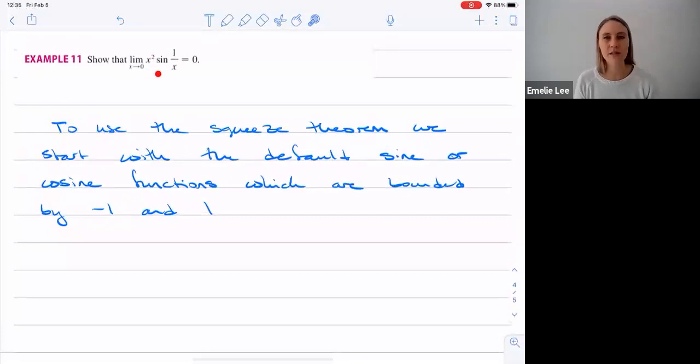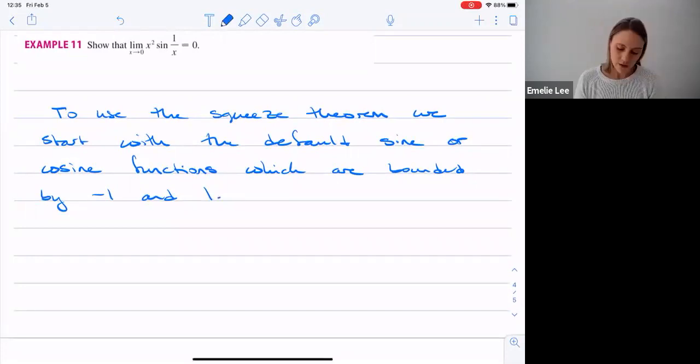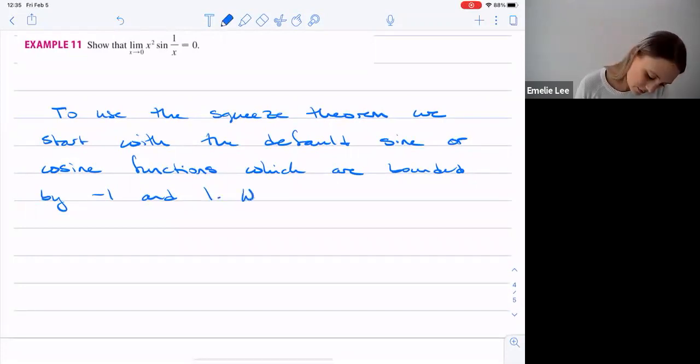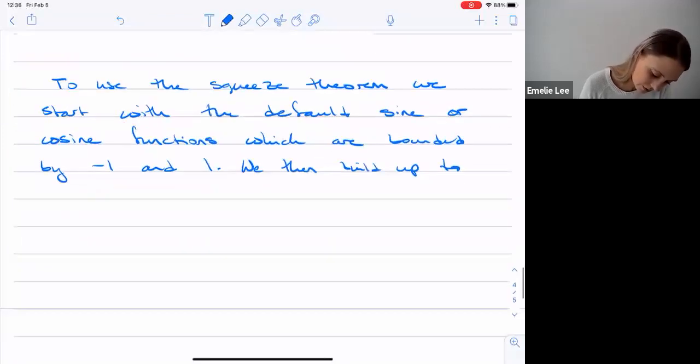And then we build up this function that we have in our problem. It'll make more sense when I show you what I mean, but I just want to articulate what we're about to do. We then build up to the function of interest.